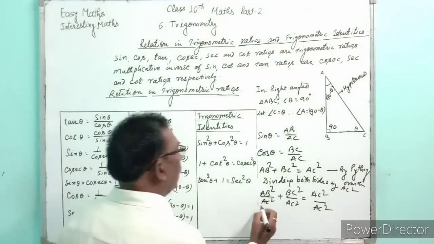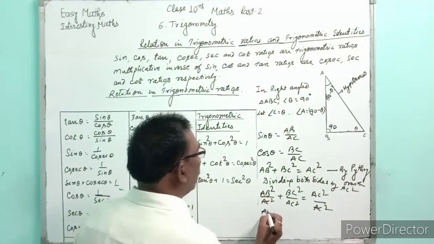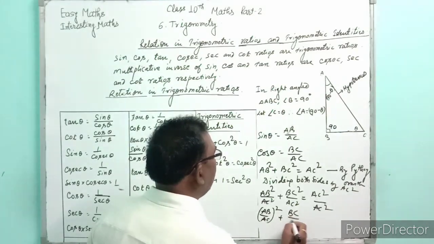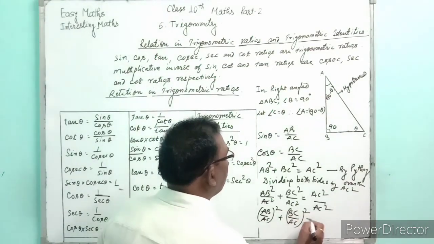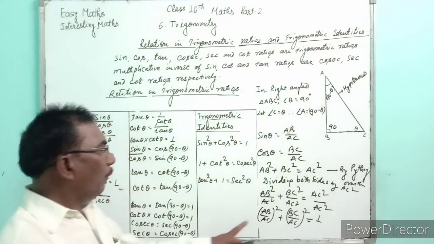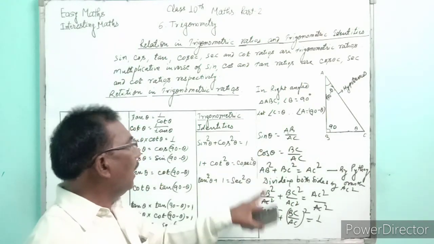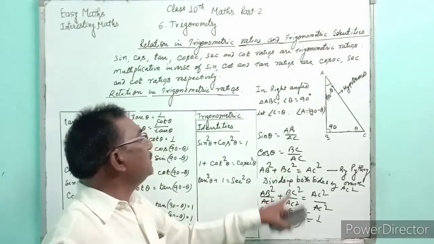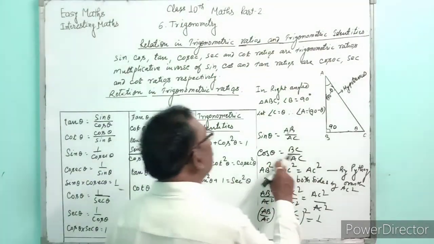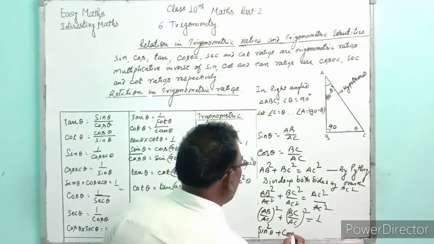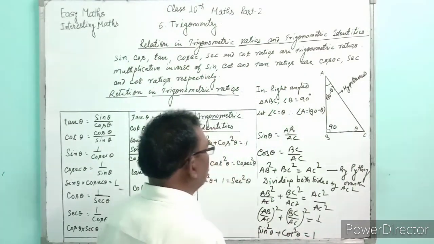Now (AB by AC) square plus (BC by AC) square is equal to 1. But AB by AC is equal to sin theta and BC by AC is equal to cos theta. Therefore, sin square theta plus cos square theta is equal to 1.